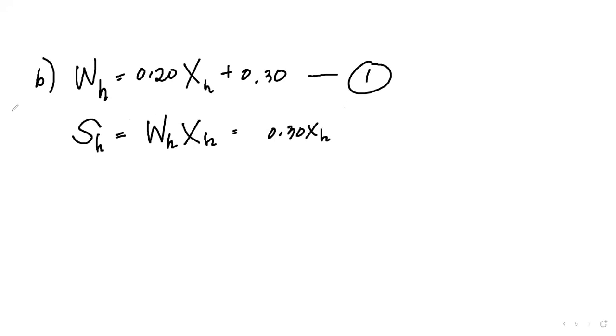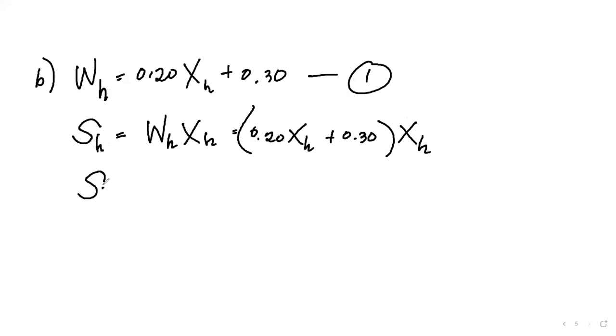In this case, we will have 0.2 X sub H plus 0.3, and this will be multiplied to X sub H. So the W sub H is multiplied to X sub H, and your S sub H has another formula, now dependent on concentration.